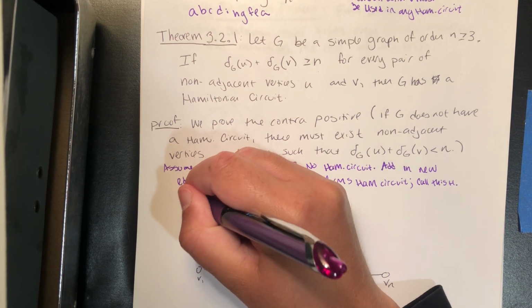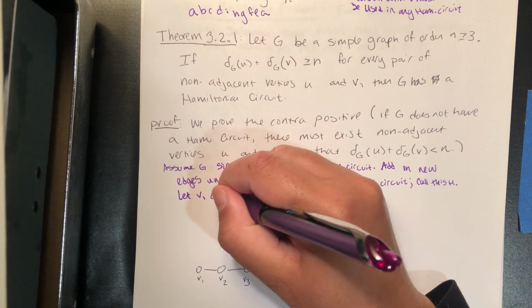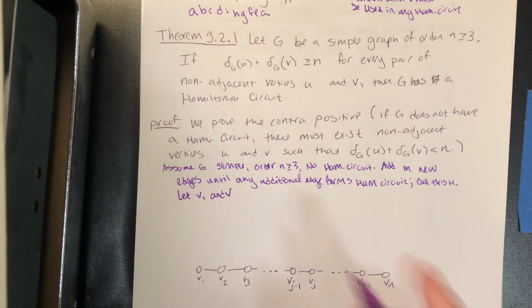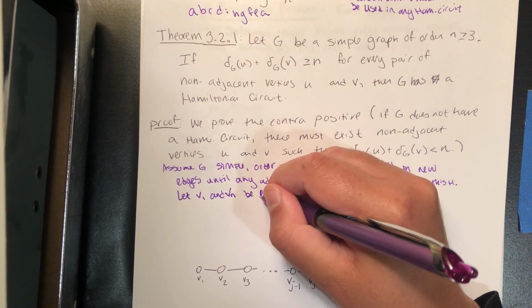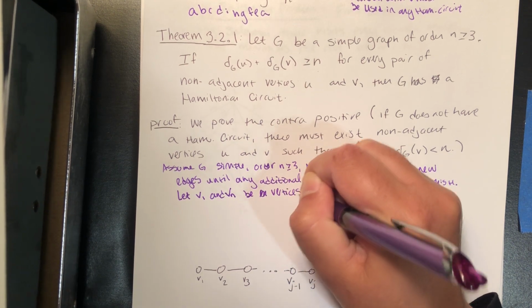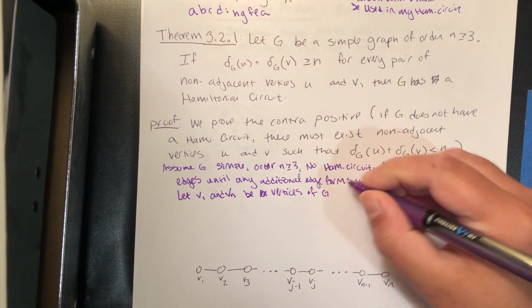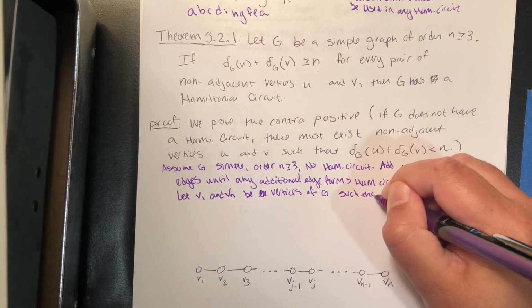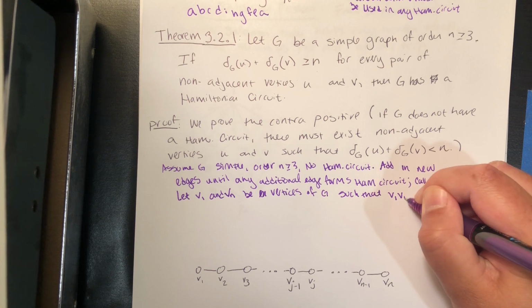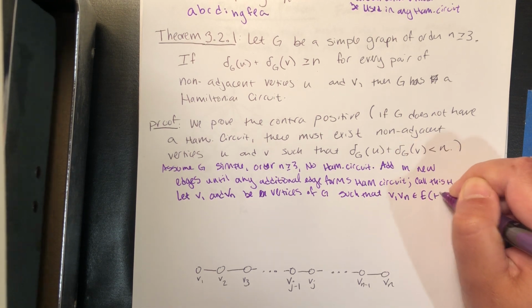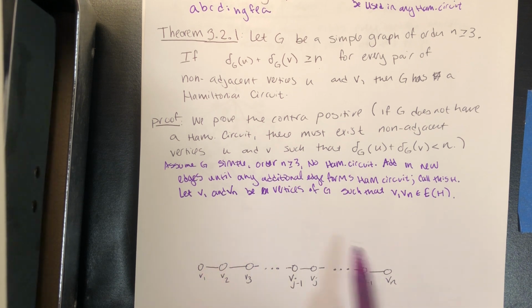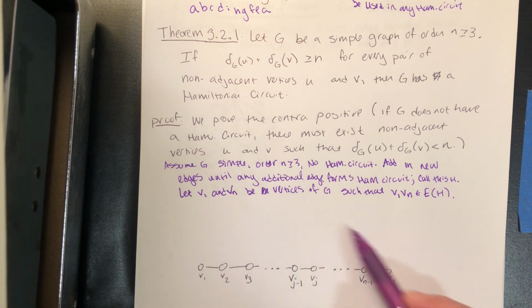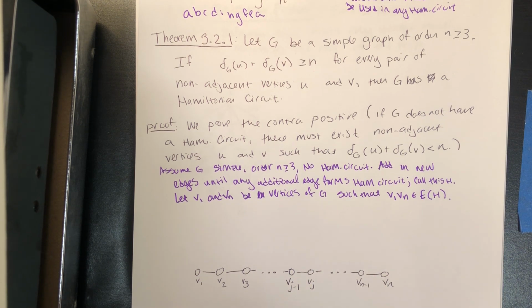So let's say V1 and Vn are vertices of G such that there is not an edge between them in this augmented graph H. V1 and Vn are a pair of vertices that are not adjacent in H, but if we were to add an extra edge between them, we would form a Hamiltonian circuit.